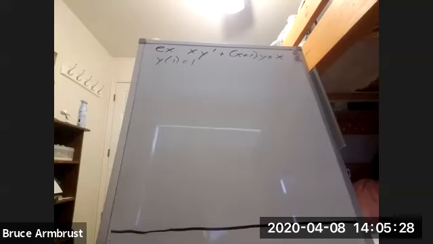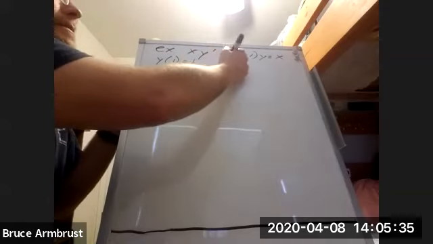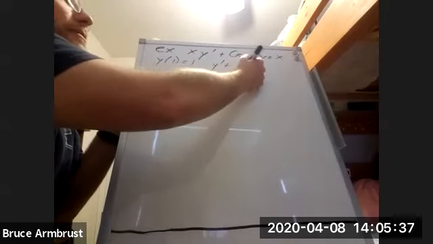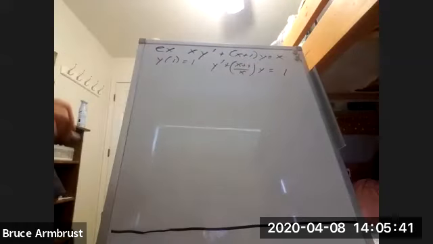Just like that other one where we've got the x times y prime, we need to go ahead and divide by the x. So we're going to get y prime plus x plus 1 over x times y is equal to 1. So that's the form that we are used to. So let's go ahead and make it look like that again.